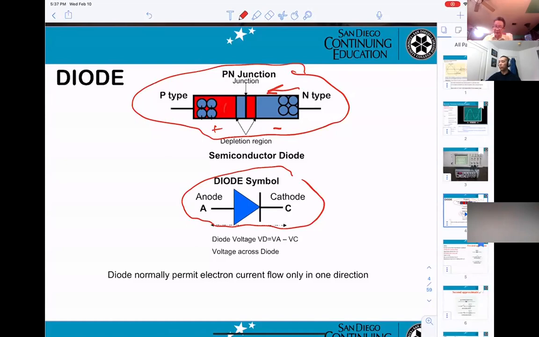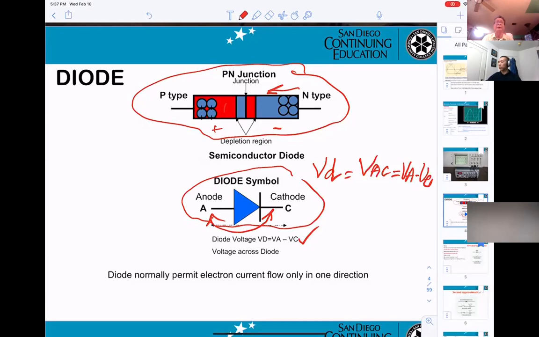The voltage from A to C here is called VD. VD means the diode voltage, the voltage from A to C. By basic definition, VD equals VA minus VC.